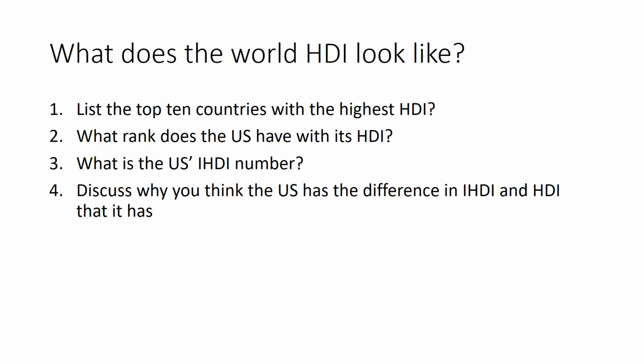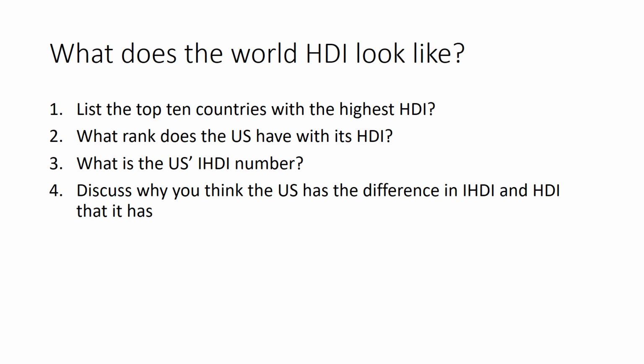So what I want you to do in your notebooks is to list the top 10 countries with the highest HDI. You're going to have to look this up on the internet and find it. Then I want you to find the US's rank based on its HDI. Then you have to find the United States IHDI number. And finally, in an FRQ style format, discuss why you think the US has the difference in IHDI and HDI that it has.